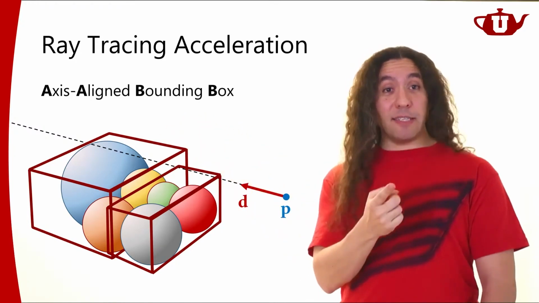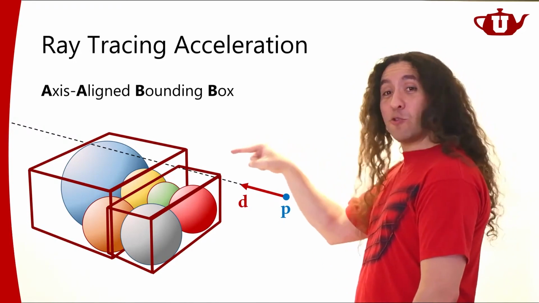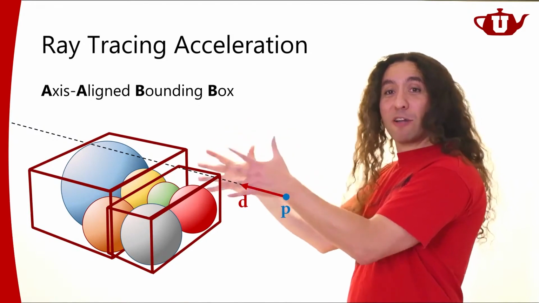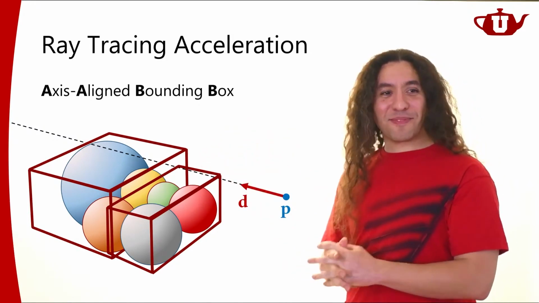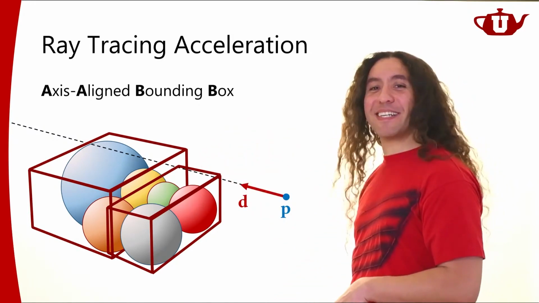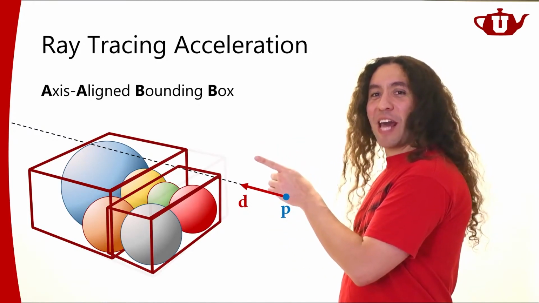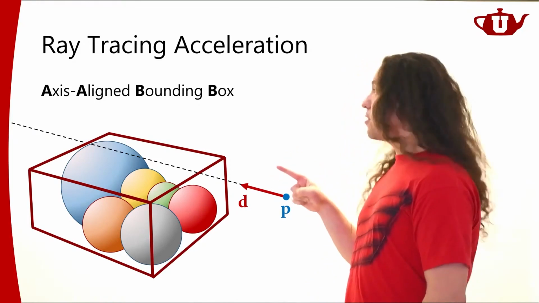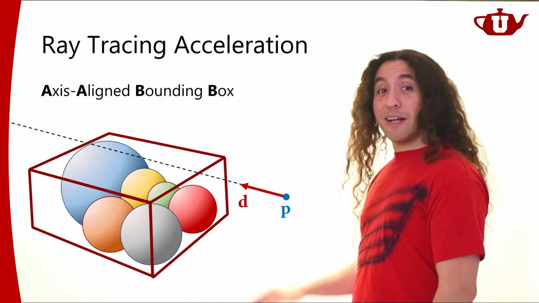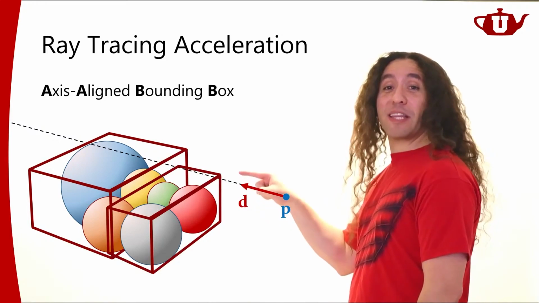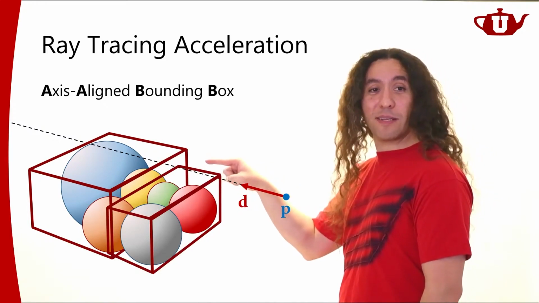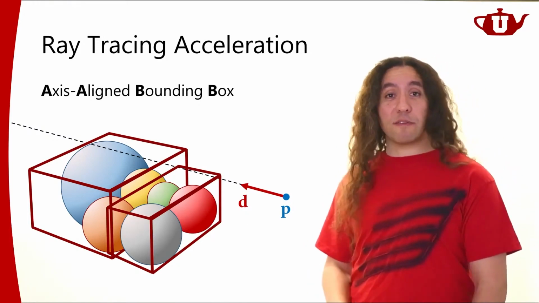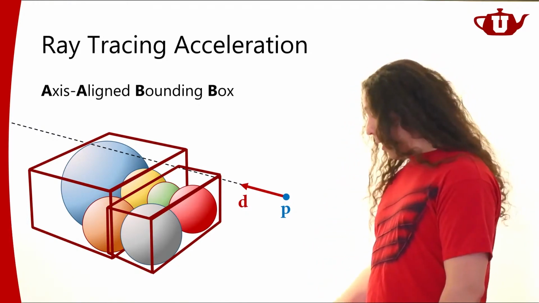Actually, even better than that, I can take these 2 boxes and put them inside a larger bounding box that contains both of them. What about boxes in boxes? That's exactly what it is. So I can just have a box here that contains everything. And if my ray intersects with this box, that's when I'm going to go in and check the smaller boxes. Right? So that brings us to a very, very popular acceleration structure used for ray tracing today.